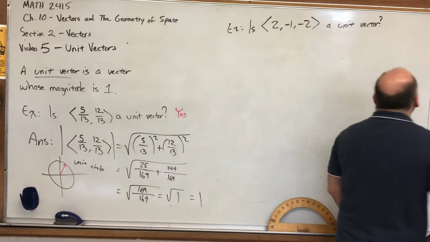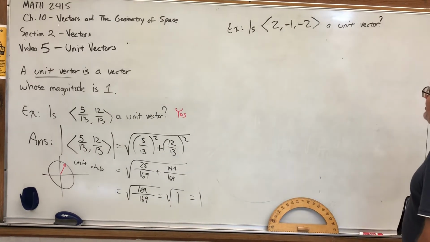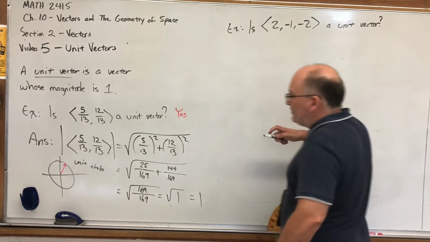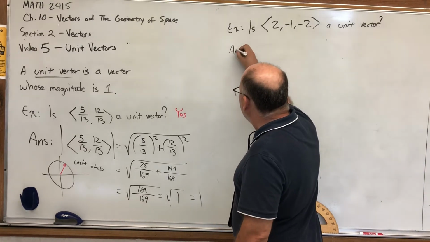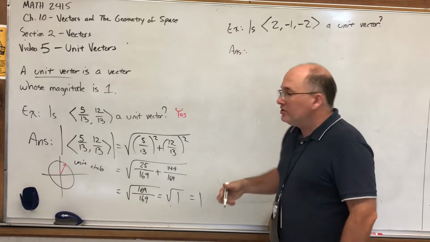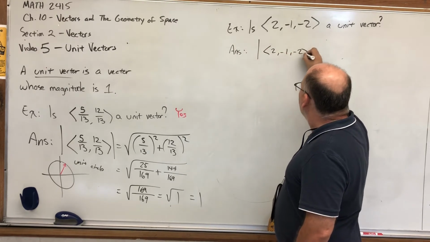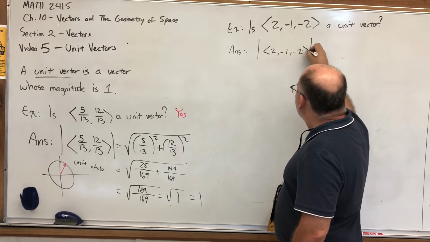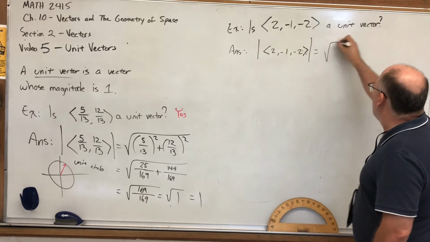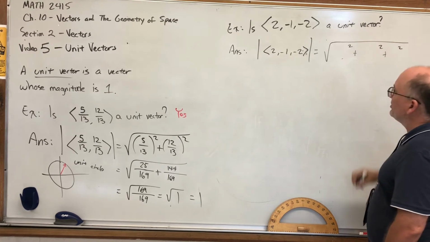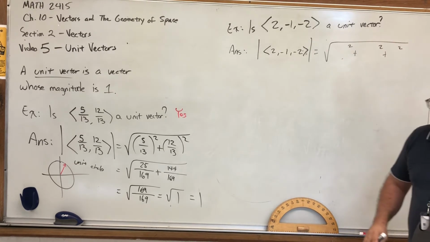What about this guy? Is 2 comma negative 1 comma negative 2 a unit vector? Your instincts might say no, the components are too big, in which case you would actually be correct. But to be definitive about it, you should find the magnitude of this vector. The square root of the sum of the squares of its components. Now be careful, some of the components are negative.